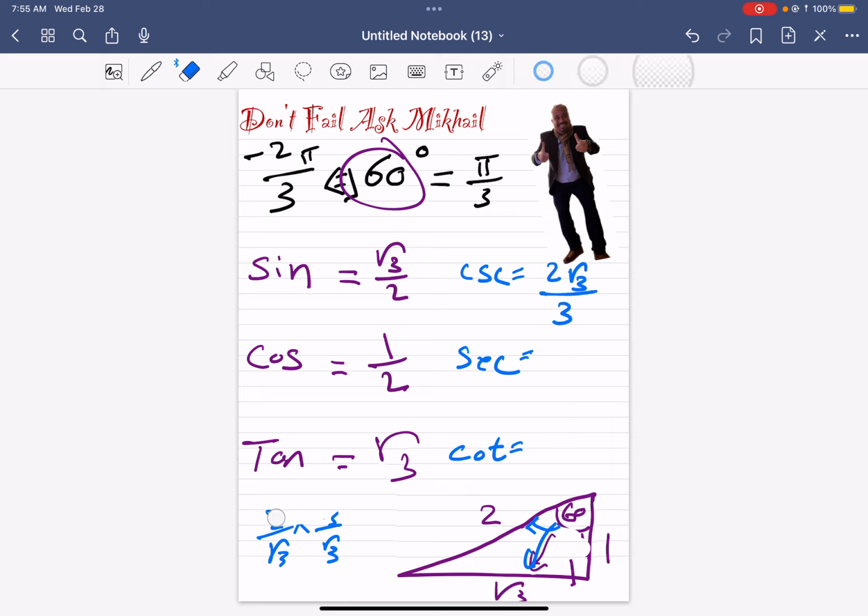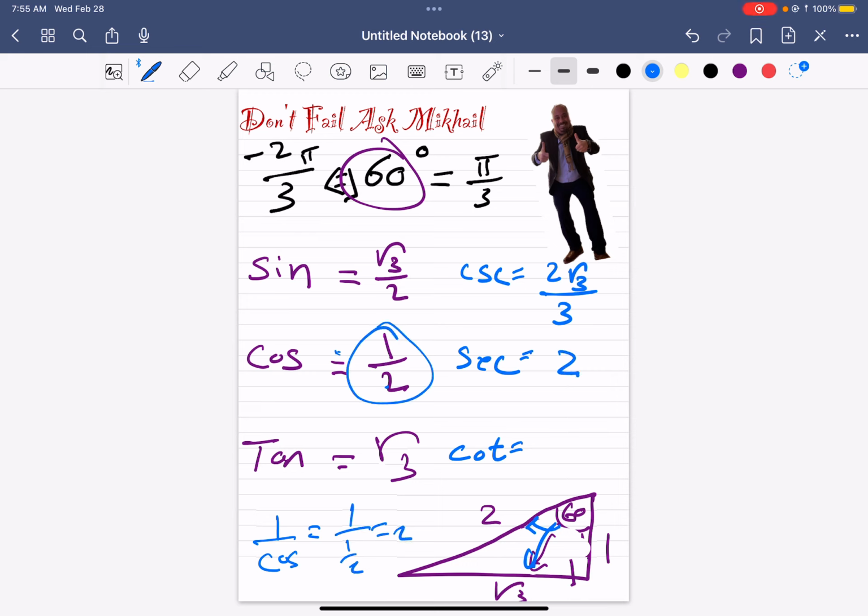Now, how about the secant? Secant is the reciprocal of cosine. It's 1 over cosine, which is 1 over 1/2, which is equal to 2. Reciprocal of 1/2 equals 2.